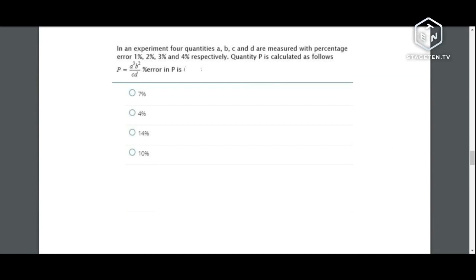It says in an experiment, four quantities A, B, C and D are measured with percentage errors 1%, 2%, 3% and 4% respectively. Quantity P is calculated as follows, that is P equal to A cube B square over C D. We have to find the percentage error in P. So please try to answer in the live chat.